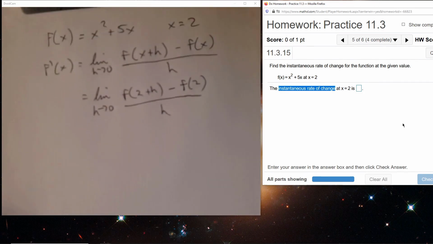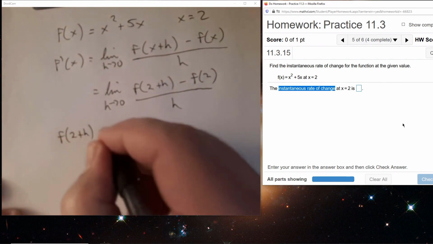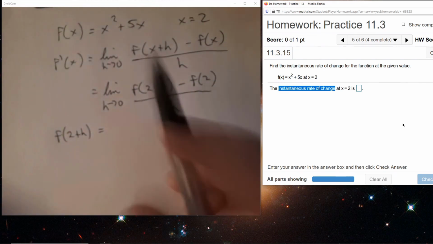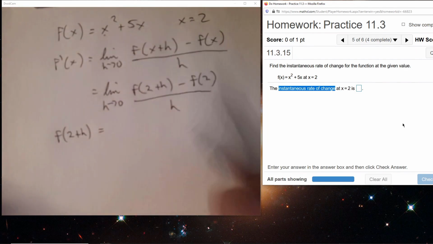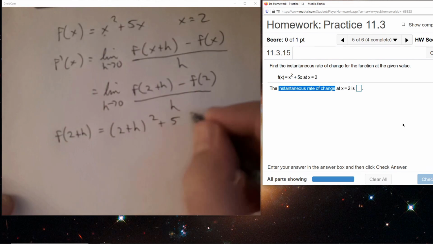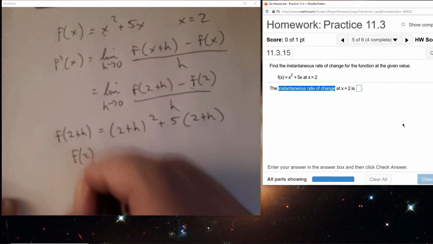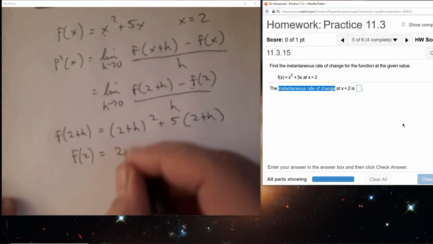And this tells us what we need to figure out. We need to figure out, well, what is f of 2 plus h? And we get that by just plugging 2 plus h into the original function. And we also need f of 2, which again we get from the original function.